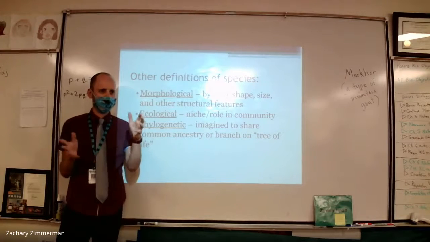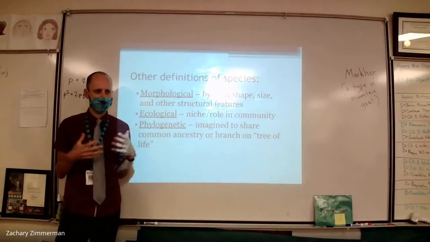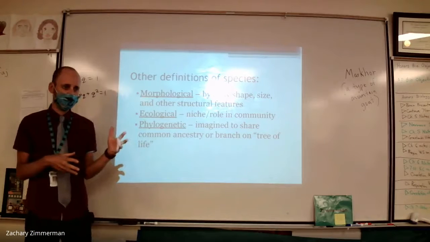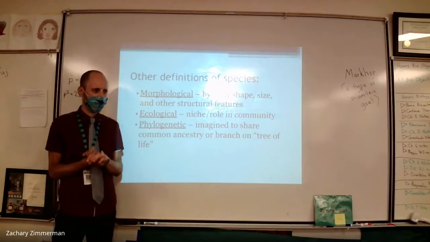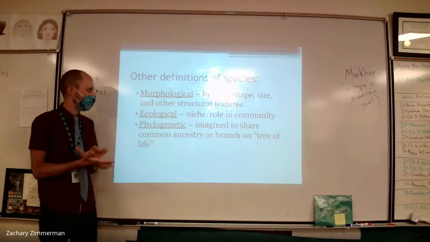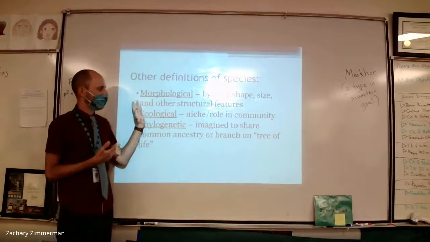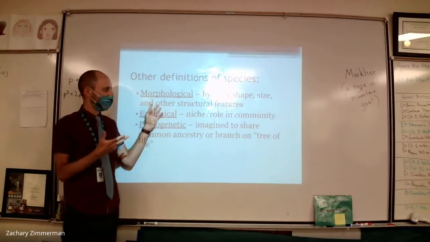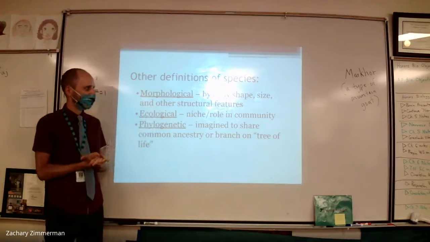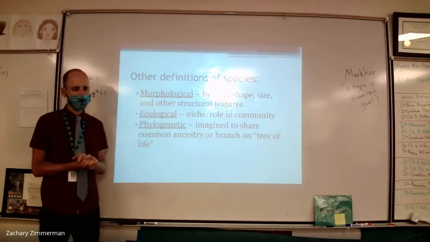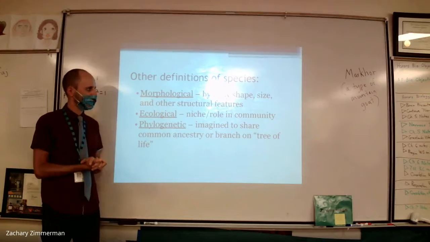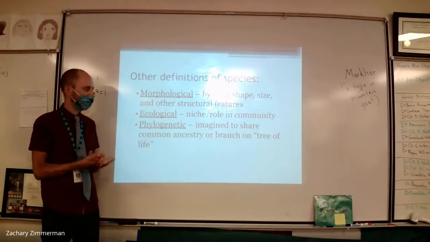Like polar bears and grizzly bears, a very distinct coat color. Polar bears are bigger even than grizzly bears, but yet they have no problem producing offspring. So if you describe the size of the body as an example of morphological differences, not always a barrier, but it could be.